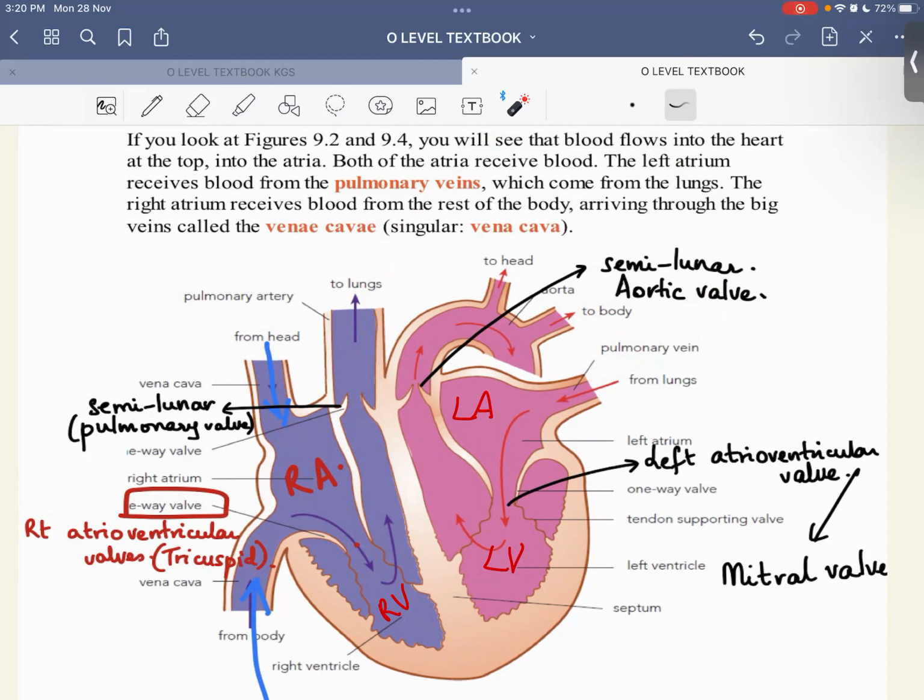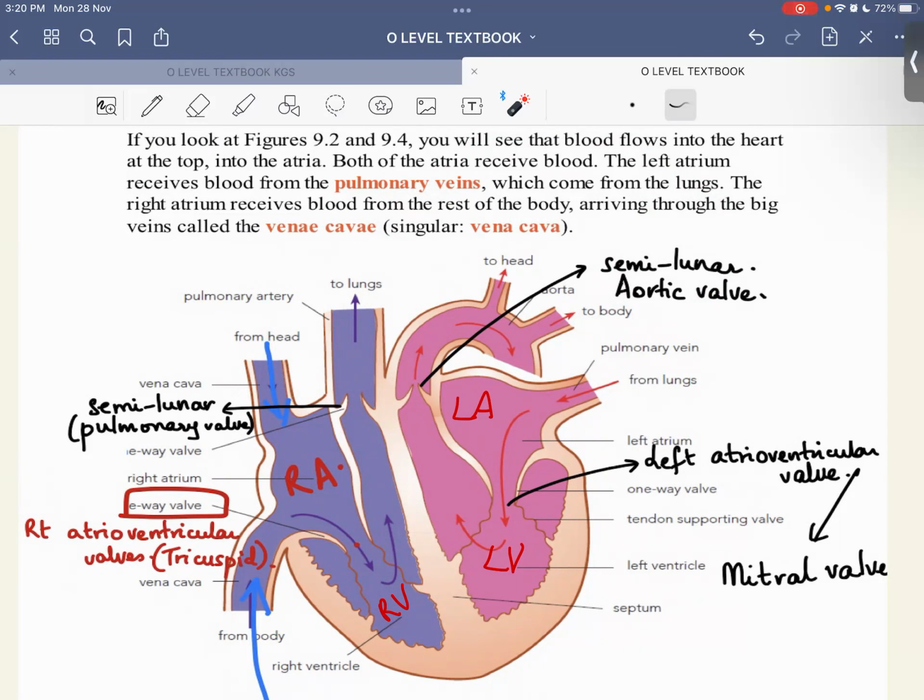You will say the heart has been provided with 4 sets of valves, 2 found between the junction of the atria and the ventricles, namely the tricuspid valve at the junction of the right atrium and the right ventricle, the mitral valve at the junction of the left atrium and the left ventricle, the pulmonary valve at the junction of the right ventricle and pulmonary artery, and the aortic valve at the junction of the left ventricle and aorta.